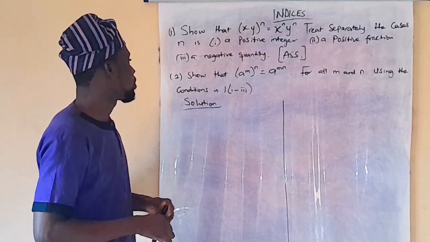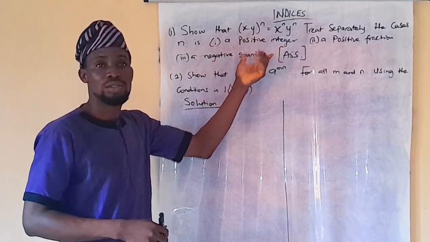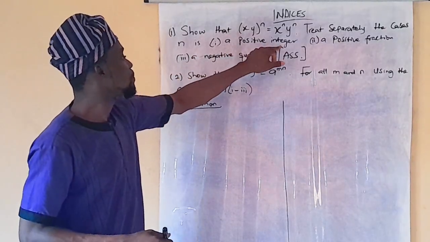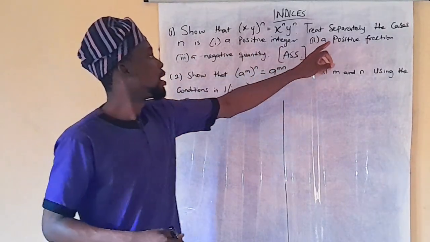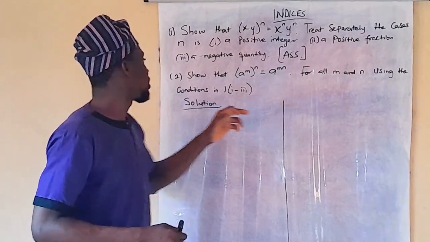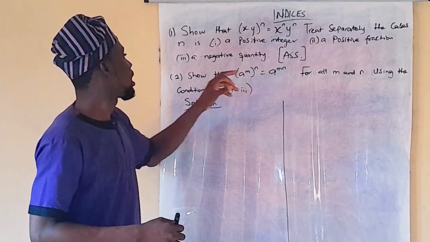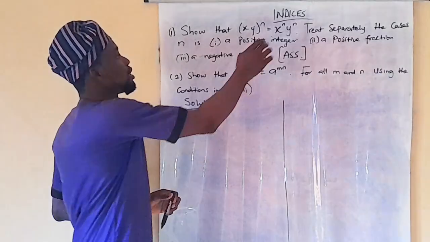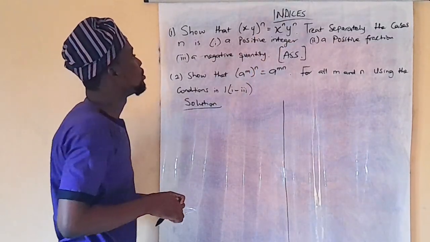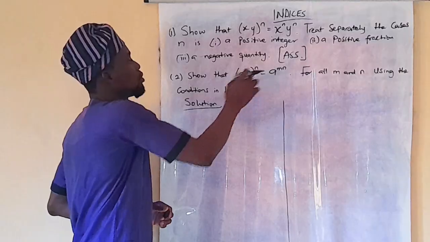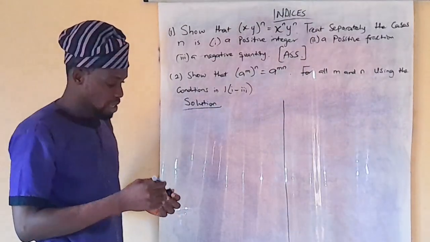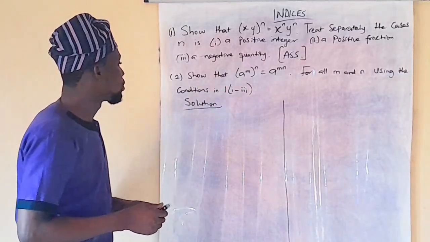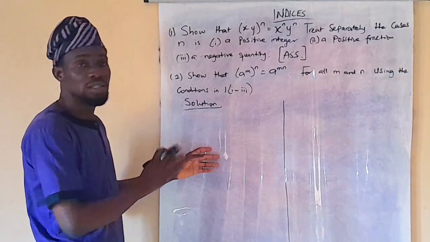That is, I'm to show using these conditions: where a is a positive integer, a is a positive fraction, and a is a negative quantity. And for n, where n represents a positive integer, a positive fraction, and a negative quantity.